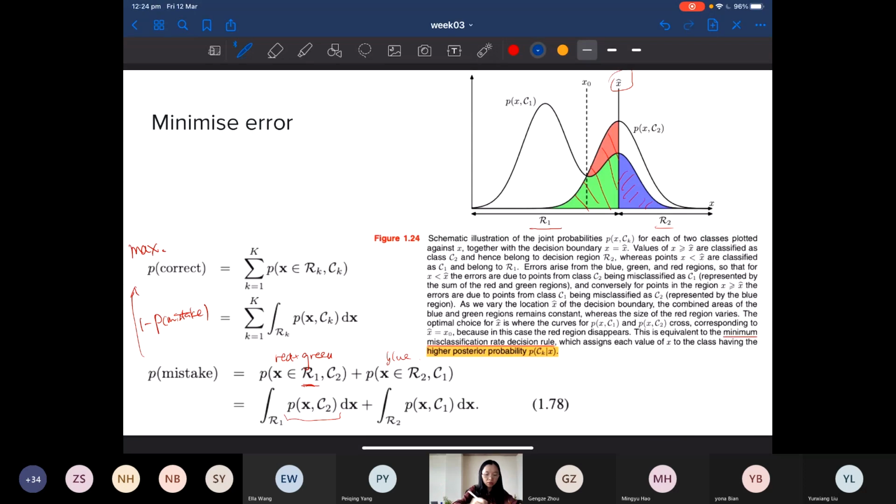This is a shorthand, where the random variables are X and the class label C. And P of X, C1 is a shorthand for P of bold X equals the current value x, and the class label C equals the current class label C1.